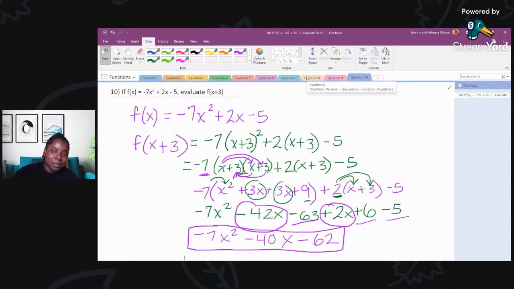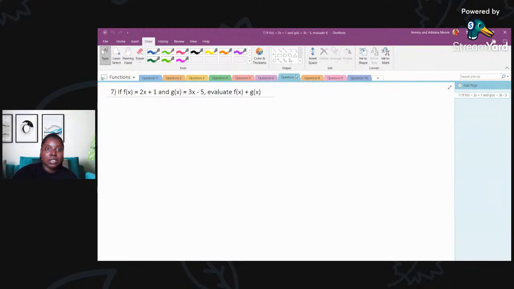Now, we take it up one more notch. Actually, this might be easier for you. Okay, so if we have f of x is 2x plus 1. Let's move it back over here. Okay.